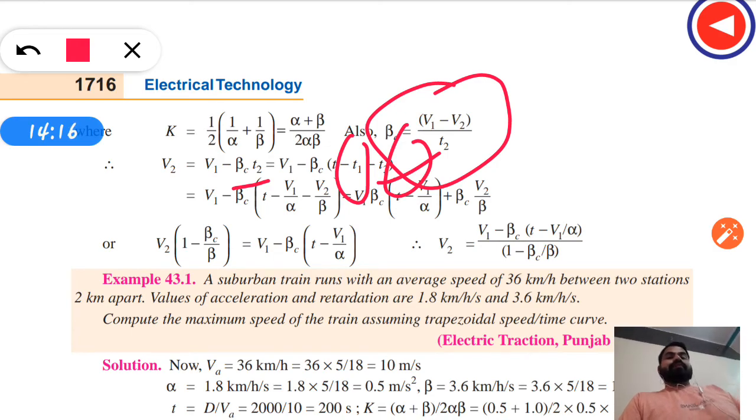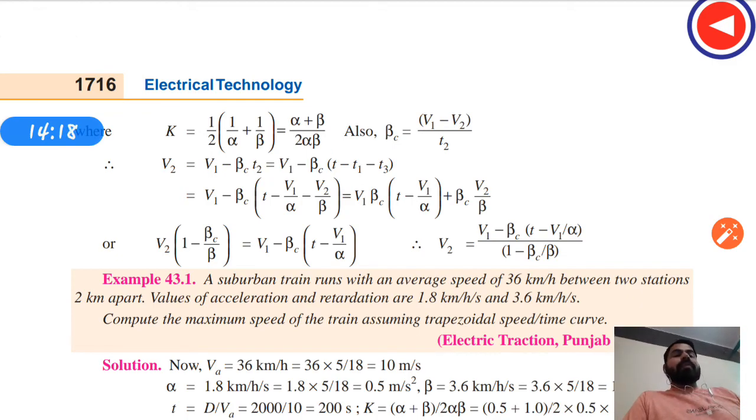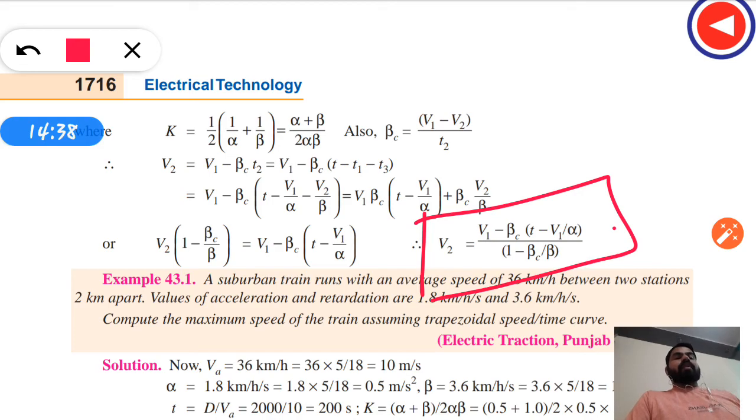So it will become V2 equals V1 minus beta C T minus beta C V1 upon alpha minus beta C V2 upon beta, and V2 (1 plus beta C upon beta) equals V1 minus beta C T minus beta C V1 upon alpha, and we will get the value of V2 as V1 minus beta C T minus beta C V1 upon alpha, upon 1 plus beta C upon beta, okay.